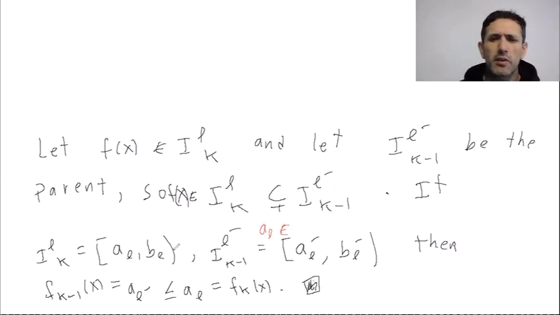So you really don't at all care about the nature of these endpoints. We're really just literally using nothing more than the existence of a parent and the fact that for each k, these dyadic intervals partition the real line.